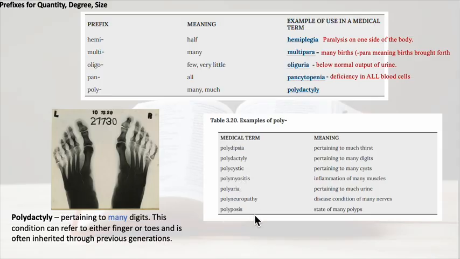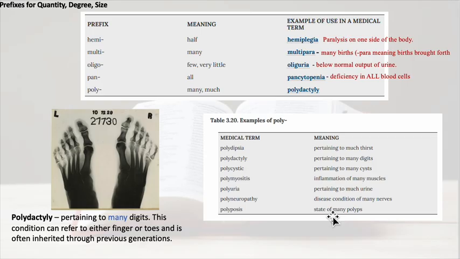Polyuria, as we said before, oliguria, meaning below normal or very little output of urine. Polyuria would be too much or producing much urine. And finally, polyposis means a state of many polyps. So polyps are growths.